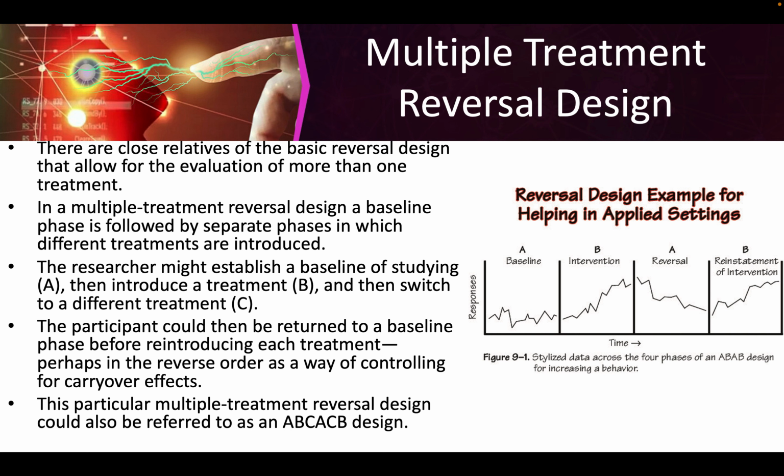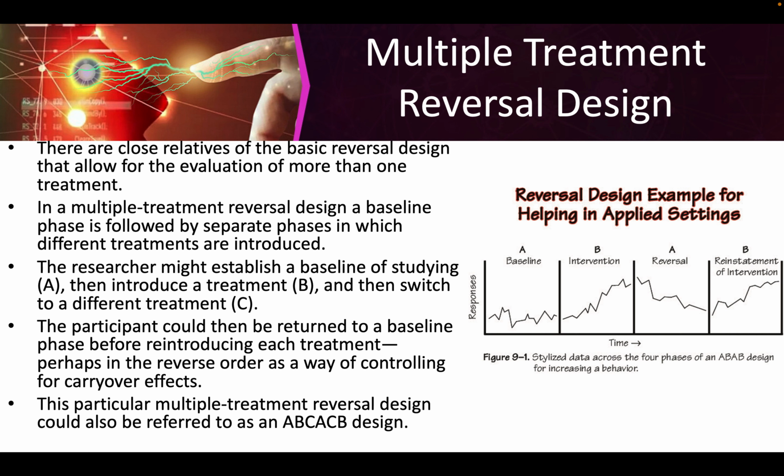There are close relatives of the basic reversal design that allow for the evaluation of more than one treatment. In a multiple treatment reversal design, a baseline phase is followed by separate phases in which different treatments are introduced.